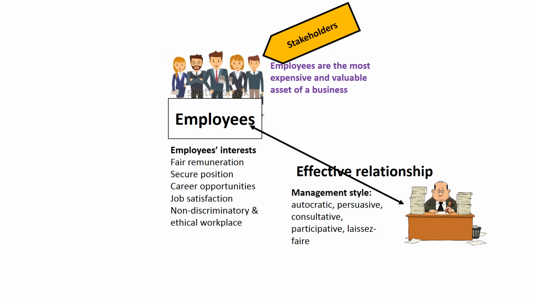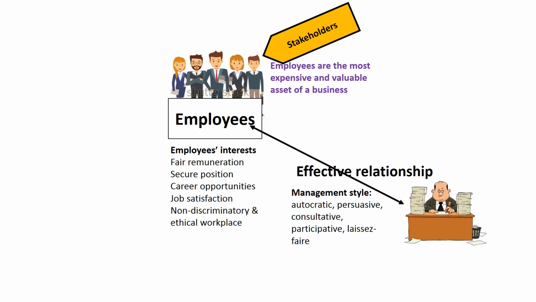The appropriate management style will depend in part on the characteristics of the employees, including their skills and experience. For example, an autocratic management style is best suited for new or unskilled employees who need to be given clear directions.